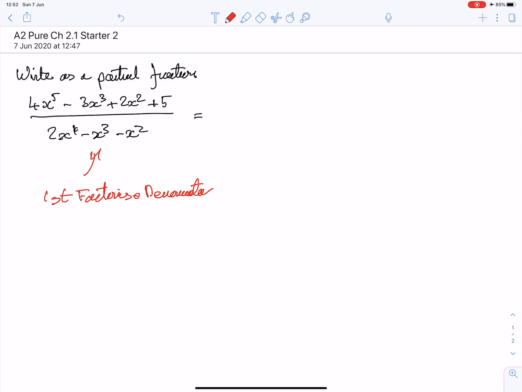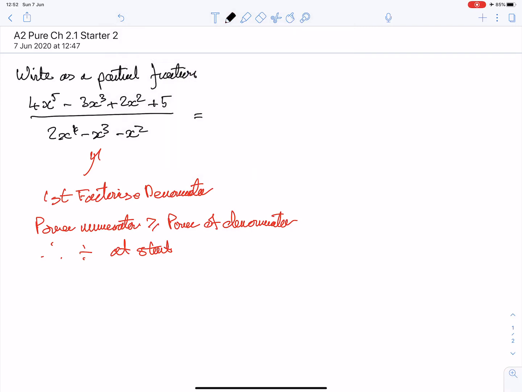And secondly, we've got to also recognise that the power of the numerator is greater than or equal to the power of the denominator. Therefore, divide at the start. So they're the two things we really need to become aware of.